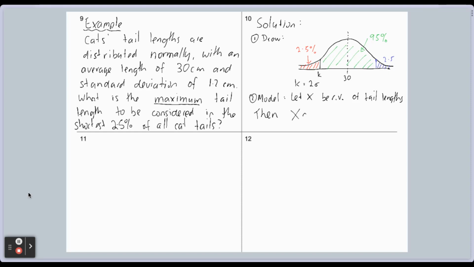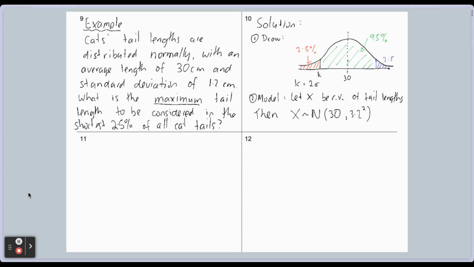Then x is distributed normally with a mean of 30 and a standard deviation of 3.2, which makes the variance 3.2 squared. Okay, so you always write it down with mean and variance.